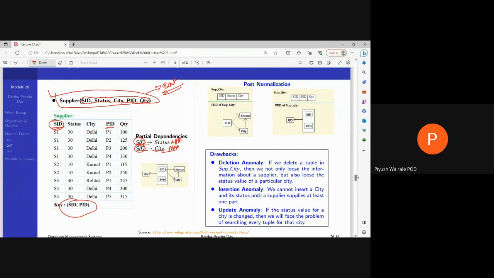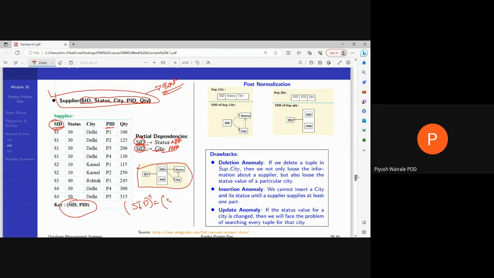So in order to remove this partial dependency, what can we do? We can simply take the closure of the left-hand side of the functional dependency and make it one table. For example, what will be the closure of SID based on these functional dependencies? SID gives me CT, SID gives me status.